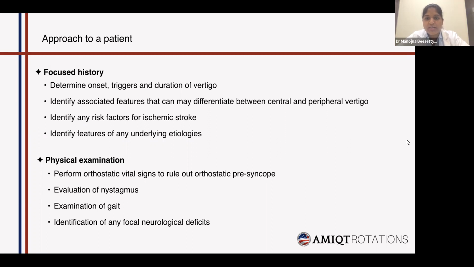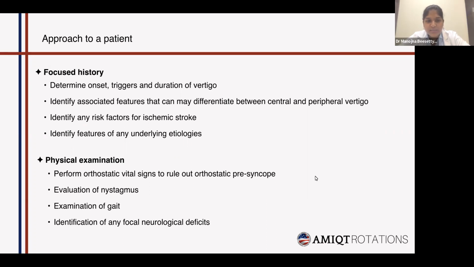We also have to identify any risk factors for ischemic stroke because brain ischemia is the main cause of central vertigo. So we should evaluate for risk factors like male gender, advanced age, hypertension, diabetes, alcohol use, and hyperlipidemia. Identifying features like episodic or acute onset could also help us in evaluating the underlying etiologies.